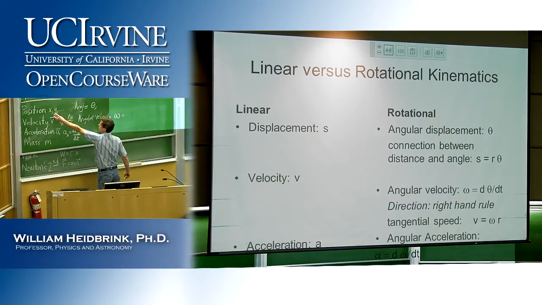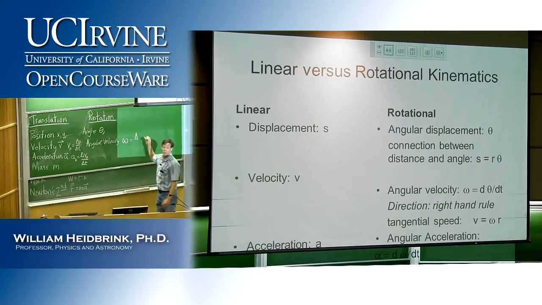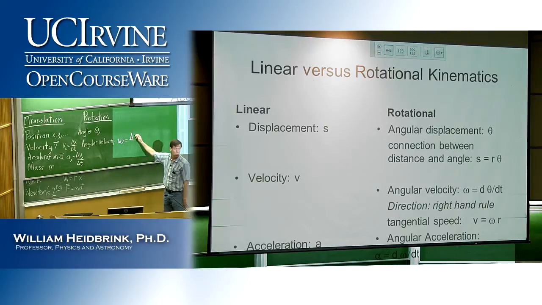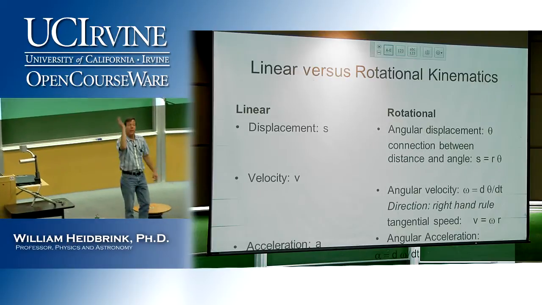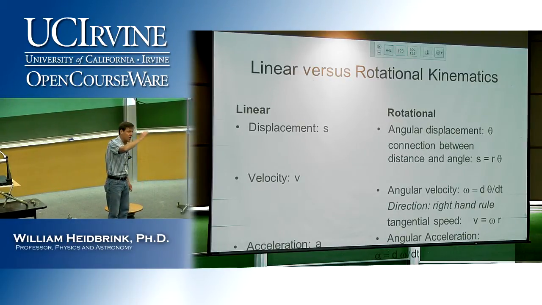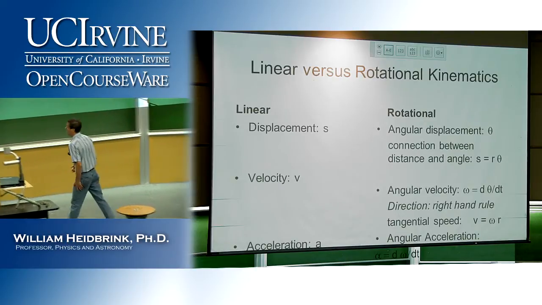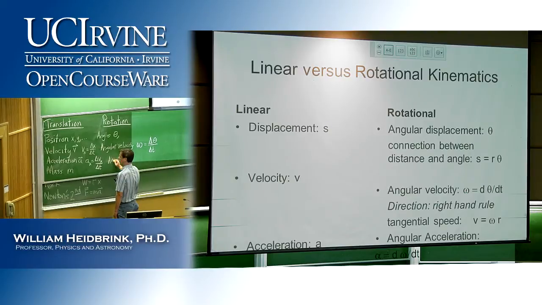So we look up here, position is like x, angle is like theta. So I'm going to have delta what? Delta theta over delta t. This is going to be the change in the angle in a certain amount of time is the angular velocity. So if you think about clock hands, the second hand has a relatively high angular velocity, the minute hand has a slow angular velocity because it changes angle slowly in time. For acceleration, we have angular acceleration.